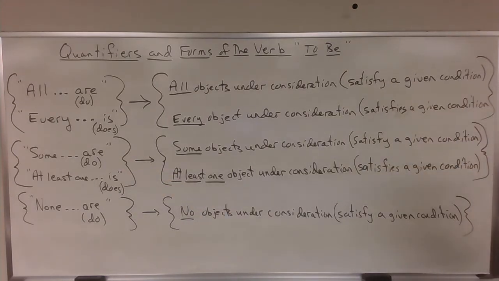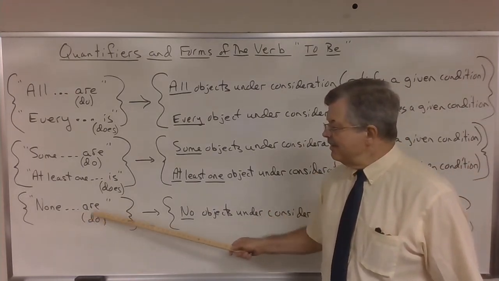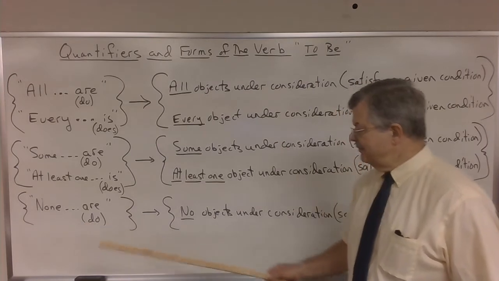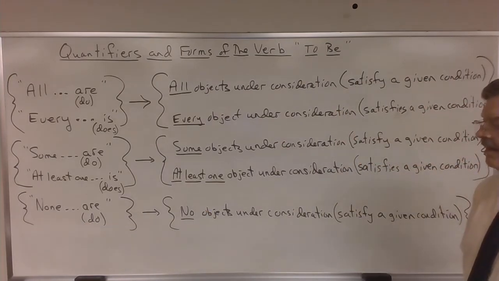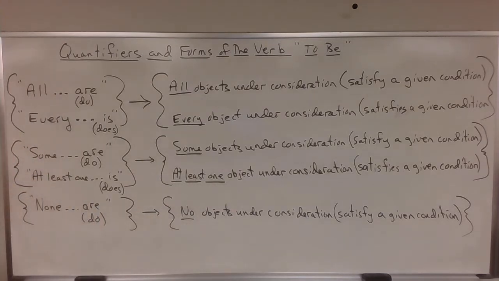And then there's our last quantifier, none are, or none do. I'm going to have to admit no are or no do. None are, or no such and such are.